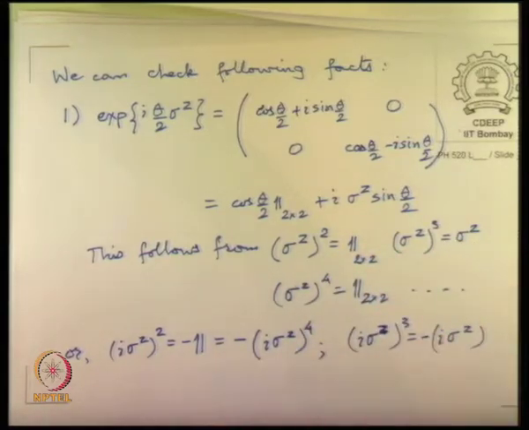Signs come from the I. But once you do that, you get cos theta and sin theta series like this.